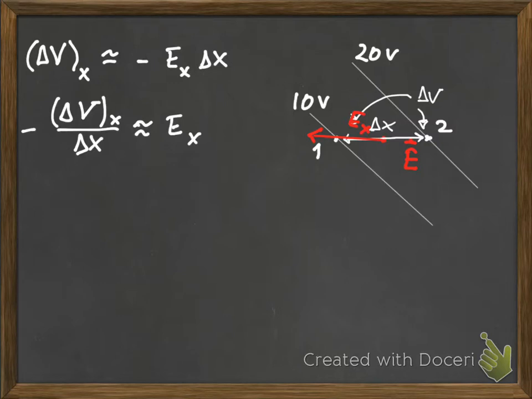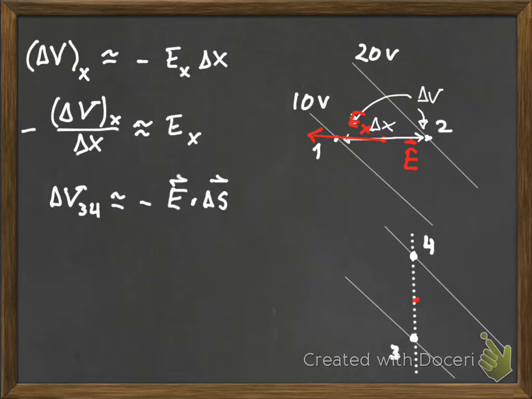So of course, the electric field could have another component, the y component. To find it, we're going to select 2 points, one directly above and one directly below the point of interest. We're going to label those 3 and 4, and then we proceed the same as before. So we're going to look at the difference in potential between point 3 and point 4.